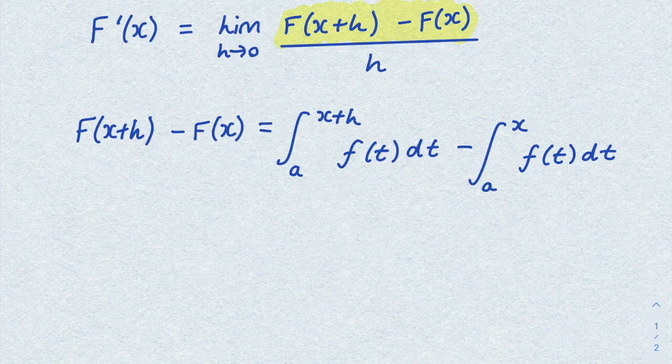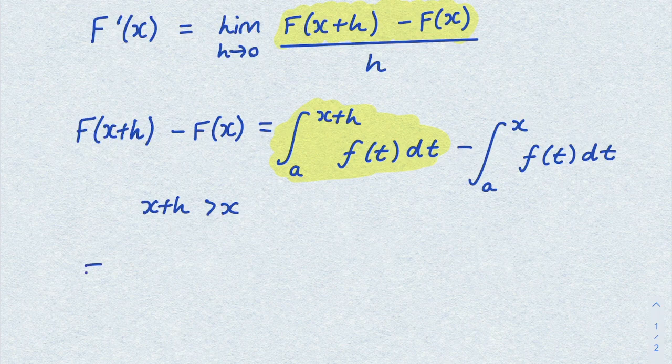Okay, so we can make the assumption that x plus h is going to be greater than x. So what that means is we could split this integral, the integral from a to x plus h of f of t with respect to t, into two separate integrals.